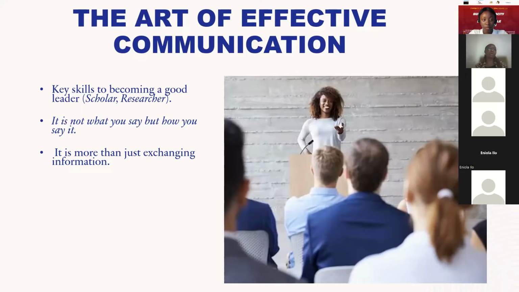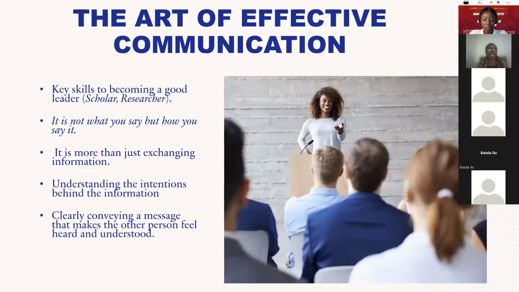To become an effective communicator, remember that it is not what you say that is important, but how you say it. It is more than just exchanging information. It is about understanding the intentions behind the information. What are you communicating? For what purpose?